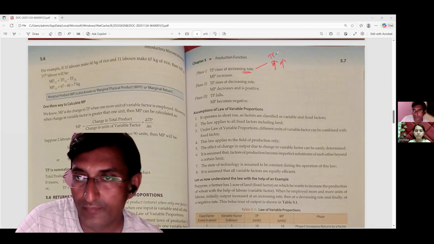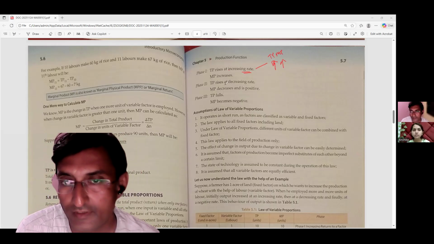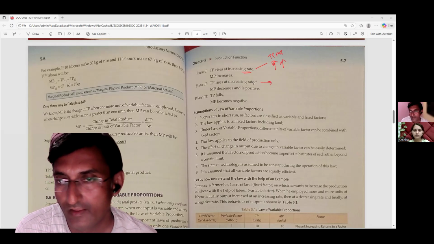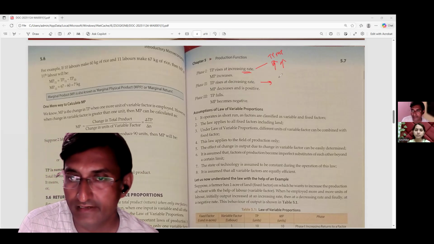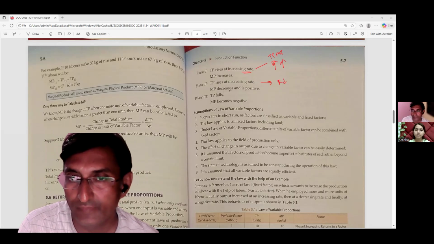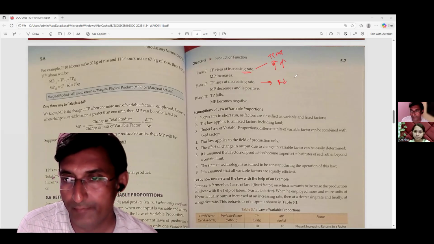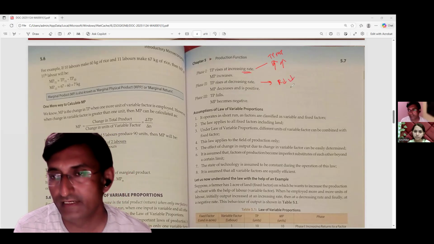Both TP and MP increase. Phase 2: TP rises at a decreasing rate, and MP is decreasing but positive. Both are decreasing.